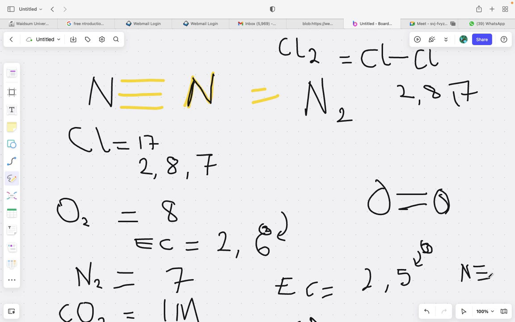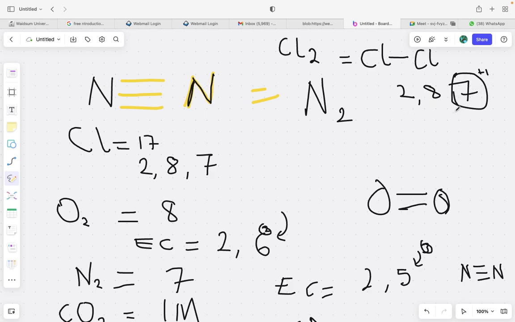The number of electrons you are looking for in order to complete 8 determines the bonding you will have. Is that okay? If you are looking for 1 electron, you have a single bond, like the case of chlorine. Chlorine is looking for 1 electron to complete 8 because the last shell has 7. You just need to find 1 electron from a metal like sodium.